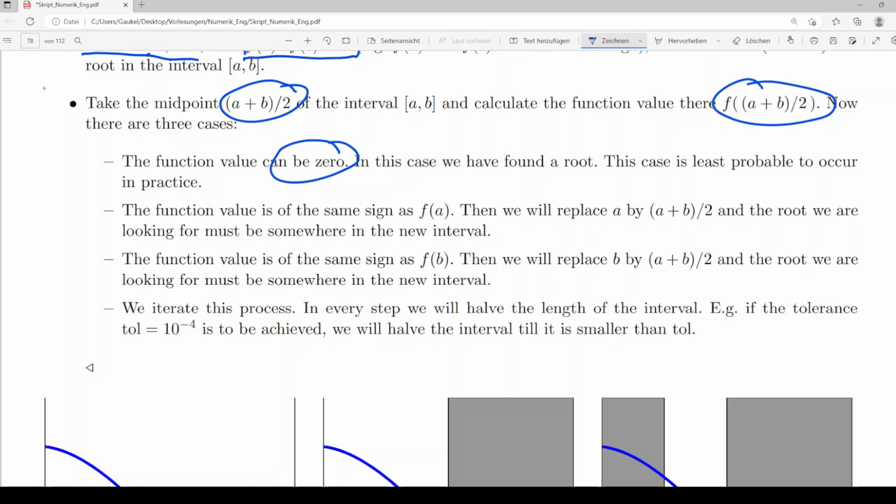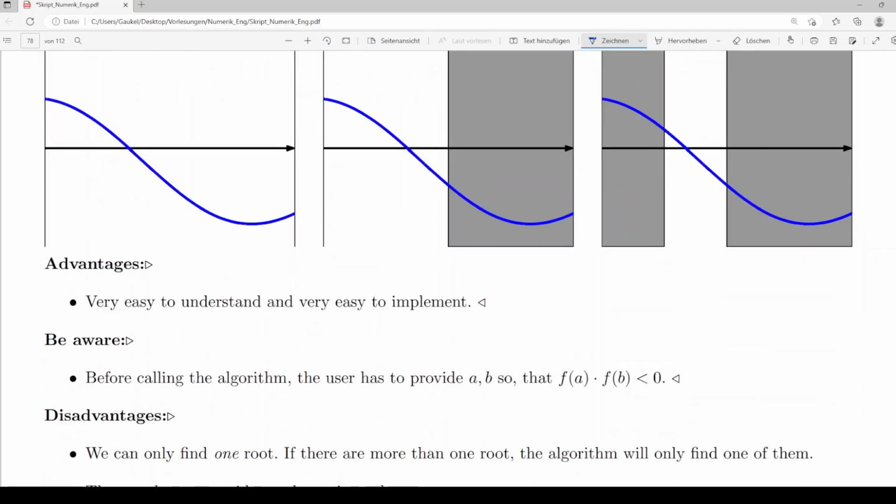Then let's check the sign of the function value at the midpoint and compare with f of a and f of b, and then replace and iterate that process. Okay, this is a visualization. Function value here positive, function value here negative. Take the midpoint, evaluate at the midpoint, same sign as here, so throw away this part.